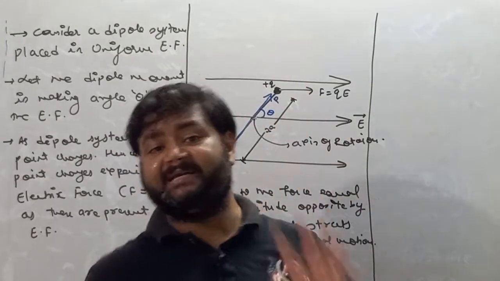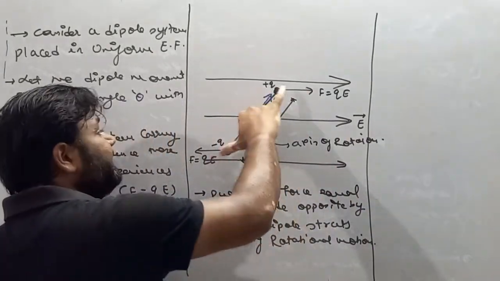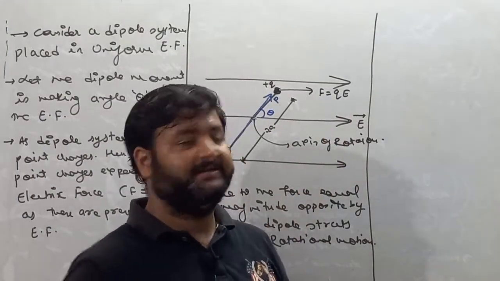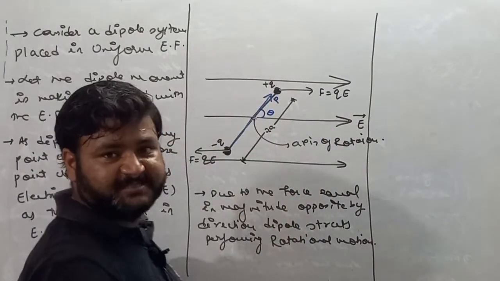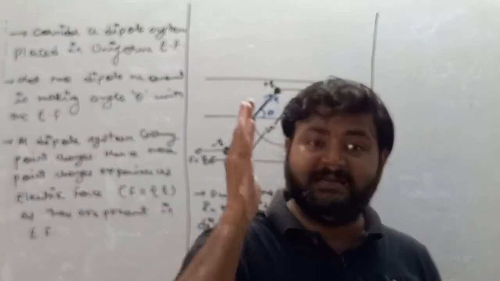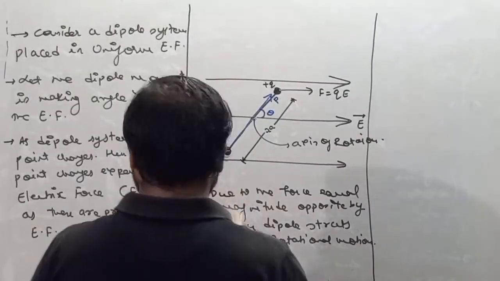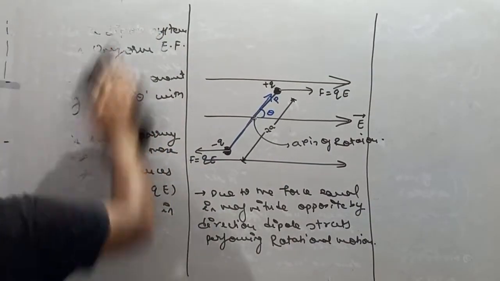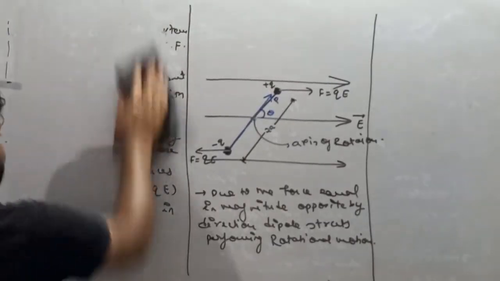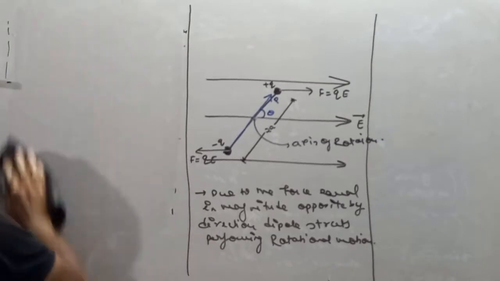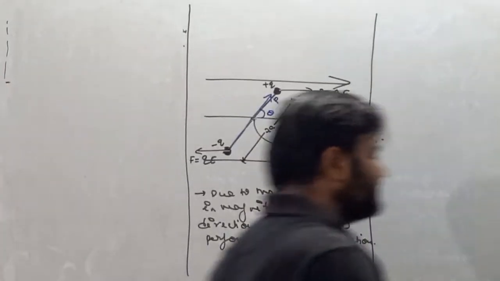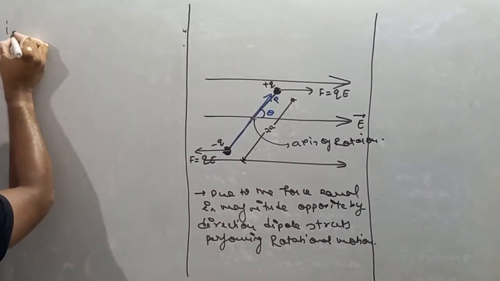So one thing is clear, that if any dipole system is placed in a uniform electric field, then that dipole system cannot perform linear motion.